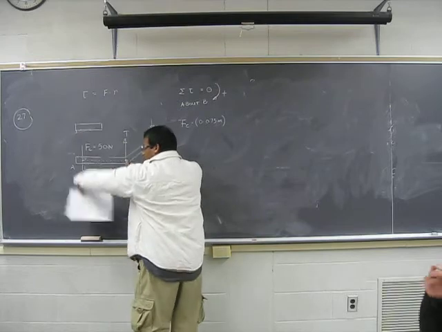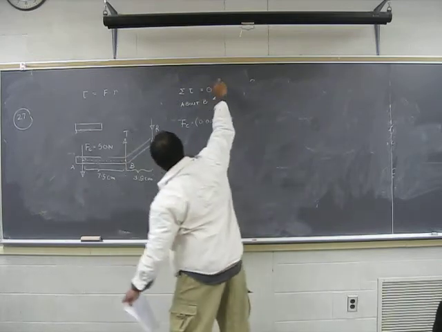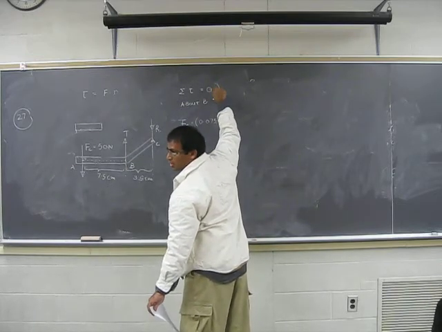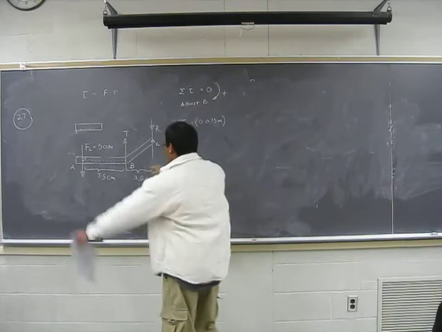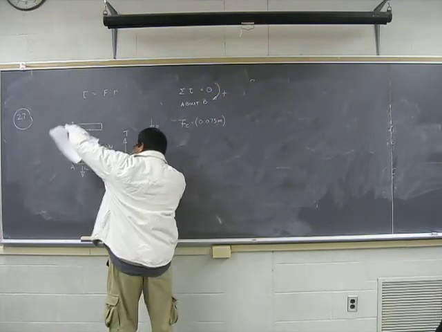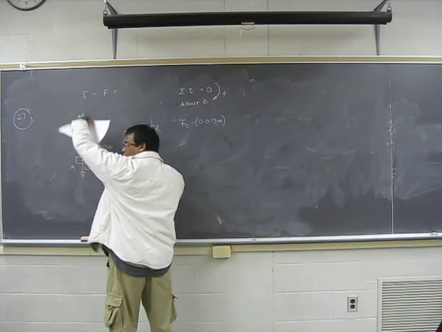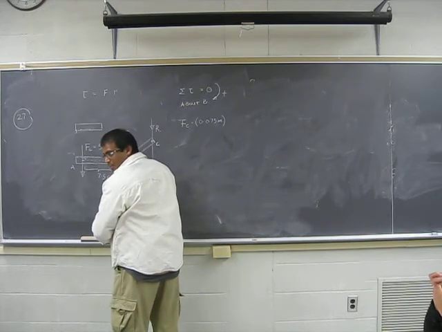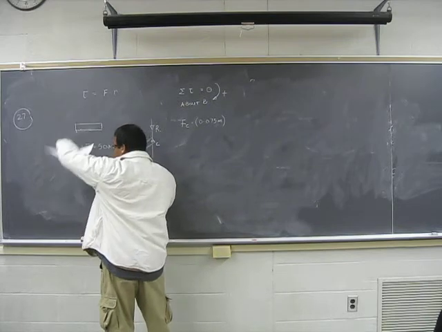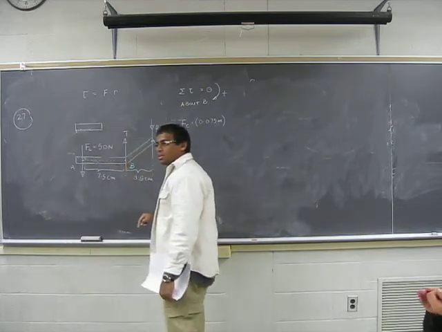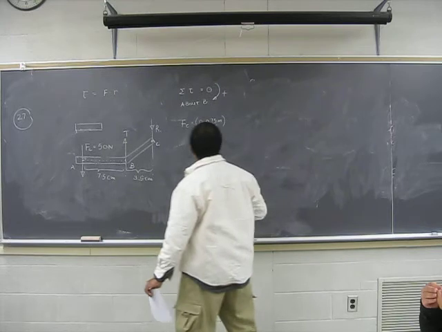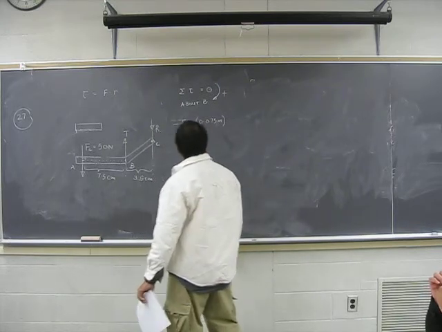This is going counterclockwise, and I took all the clockwise rotations as positive. This will rotate this whole arm, in other words this bone, in the counterclockwise direction. So what is the sign of my torque? Negative. It has to be negative. So I'm going to put a negative sign.